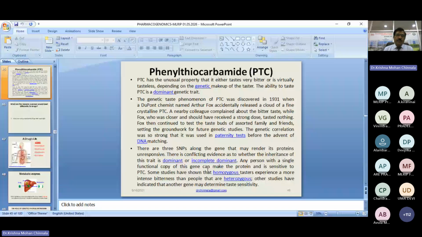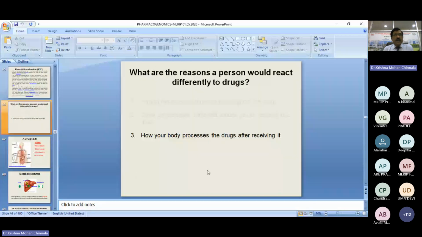It was proved. Right? So this is the basic thing to know how the genetic variation gives effects, even simple taste also, bitter in taste and no taste at all. So think about the drug action now.